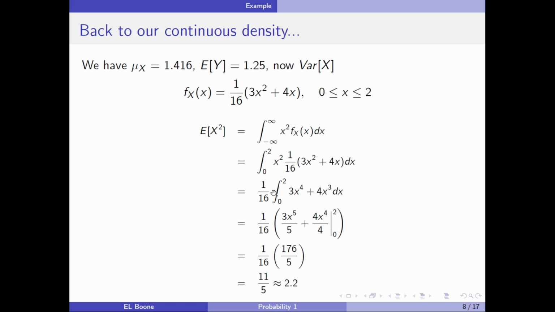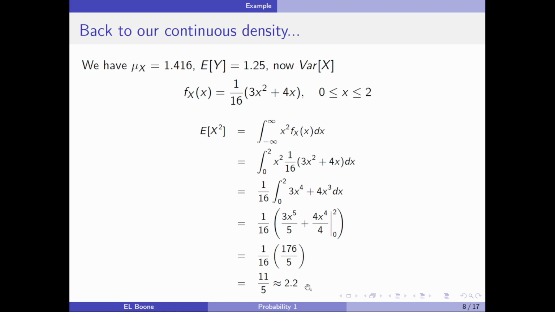Put in the density, pull the 1/16 out, push in the x squared. Notice that the exponents went up by 2. Do the integration, evaluate it at 0 and 2, and come out with 176 over 5. And then we take that times 1/16, and it becomes 11 over 5, which is approximately 2.2.